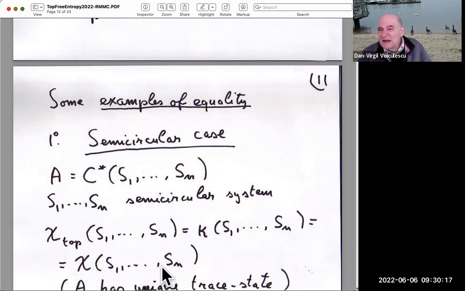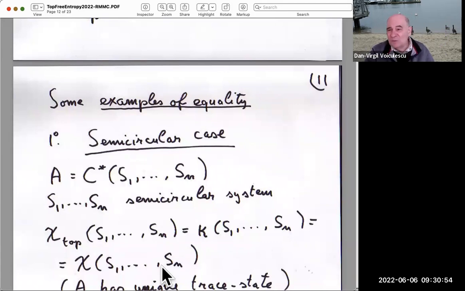You have the unilateral shift operator in little l2 of the natural numbers. If S is the shift operator, then it's the shift plus its adjoint divided by 2. That's a semicircular element. Of course, you can also multiply it by a constant dilation. So it's the self-adjoint part of a unilateral shift operator. That's a semicircular element, one of them.